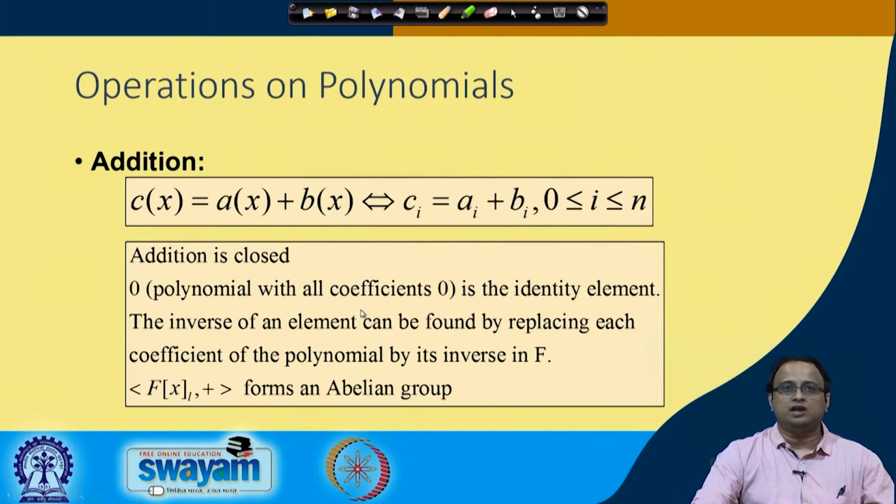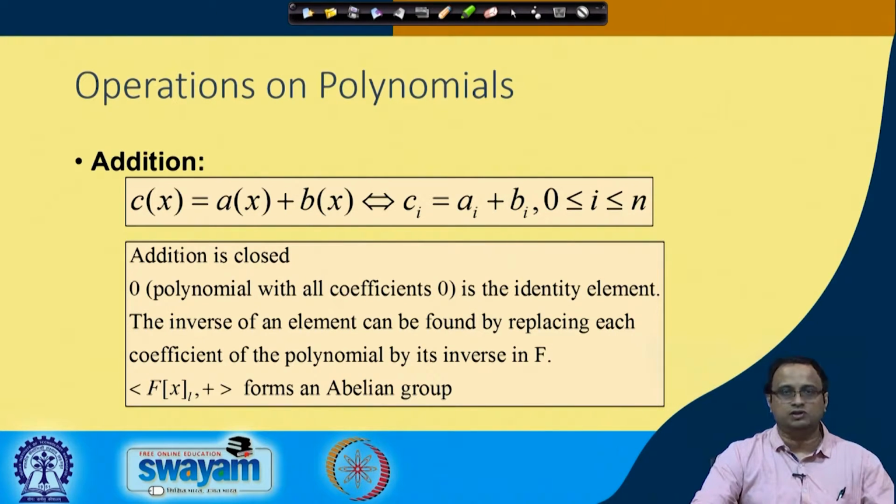Now we would like to define operations on these polynomials, or operations on these finite field elements. The most fundamental operation in fields, as we know, is addition. We would like to take two elements a(x) and b(x), which are represented as polynomials, and define an addition on them. The usual way of doing that is coefficient by coefficient.